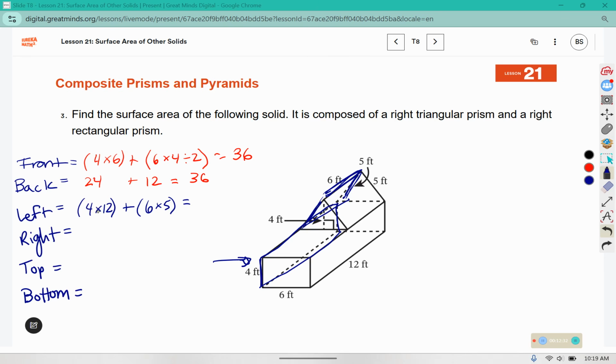Four times 12 is 48. 6 times 5 is 30. If we add those together, 48 plus 30 is 78. The right side also has a 4 by 12 and a 5 by 6 rectangle.